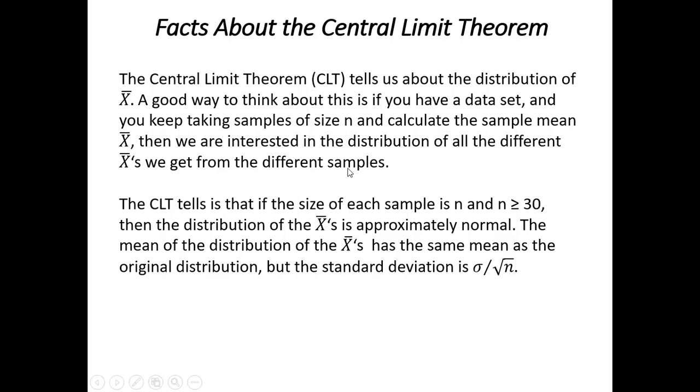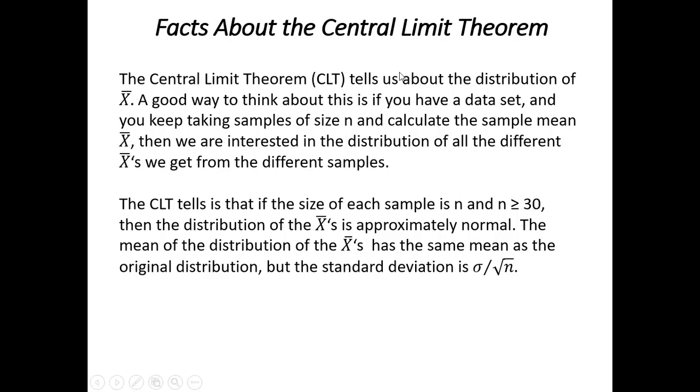So the central limit theorem tells us that if the size of each sample is n, and n is at least 30, then the distribution of the sample means is approximately normal. Now, we'd also like to know what the parameters are for the distribution of sample means, okay? And the first one is sort of easy to guess.